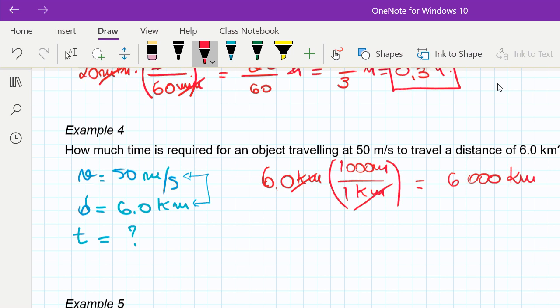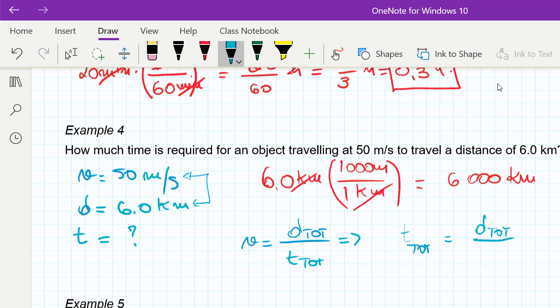And now on the formula, the speed is equal to total distance over total time. We are looking for time here. So from here, total time is equal to total distance over average speed. Now we have everything in the proper units.